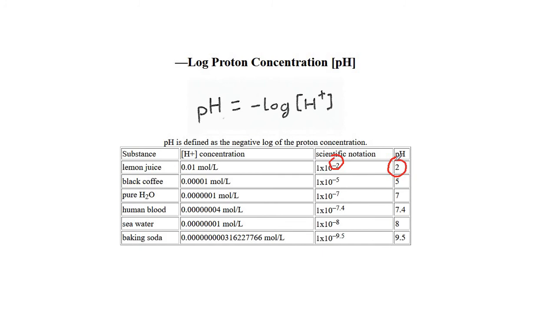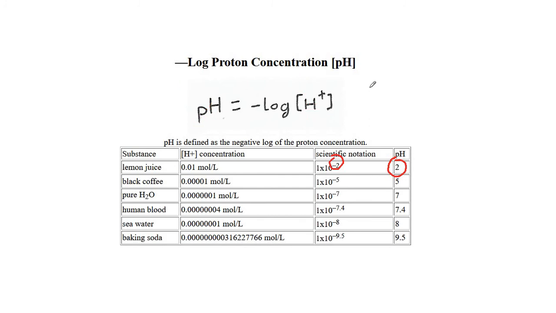So up here, that means 2 equals the negative log of 1 times 10 to the negative 2, which, if you know your logs from algebra, checks out mathematically. All right, so I'm just going to erase that real quick.